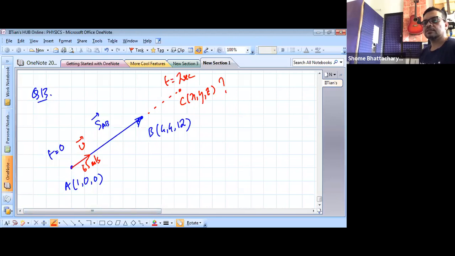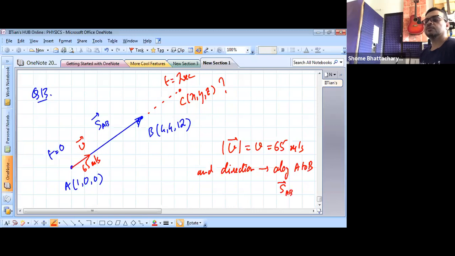Given this information that the magnitude of its velocity is 65 meters per second and direction is along that displacement vector from A to B. So how we'll do this question? We'll use the concept of unit vector like we've seen earlier.